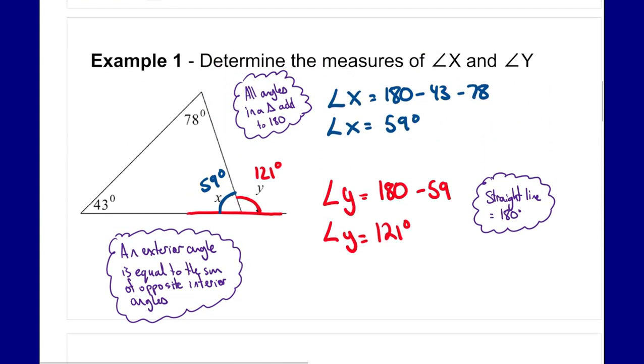An exterior angle is equal to the sum of opposite interior angles. All angles in a triangle add to 180, and a straight line equals 180 degrees. There are other properties that you may know of, but these are some of the main ones that we're going to be looking at and using.